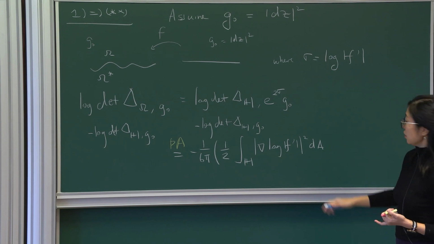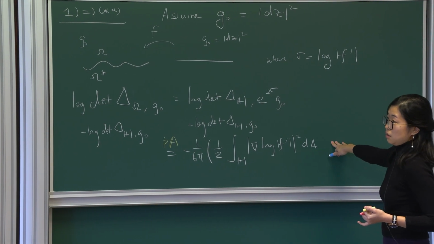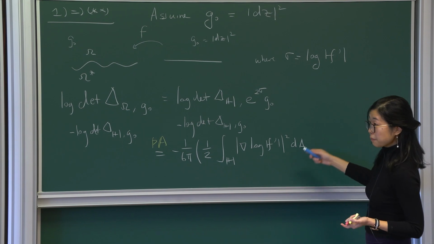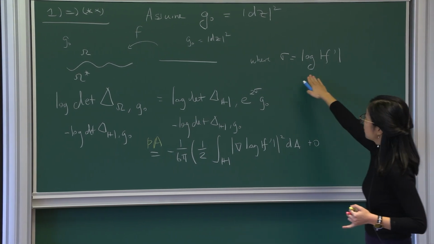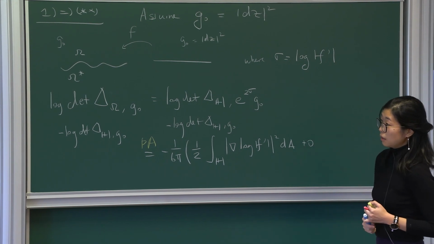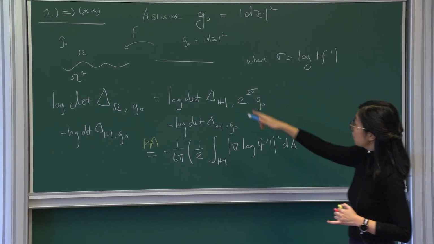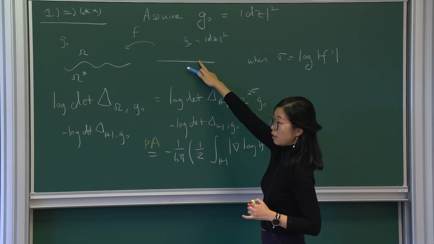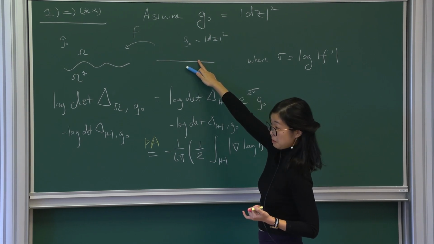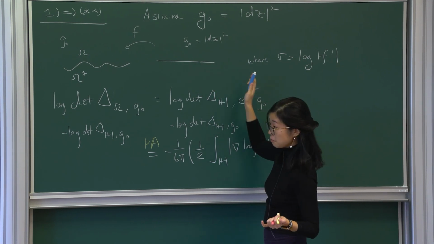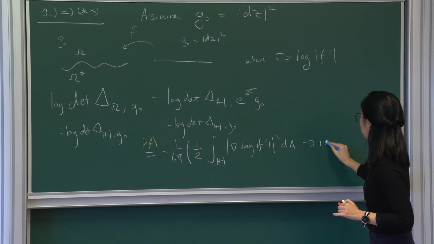The Euclidean metric, the Gauss curvature is 0. It's flat. The next term, the geodesic curvature. I'm looking at the geodesic curvature on the boundary of my domain. So it's straight. It's a 0 plus 0.